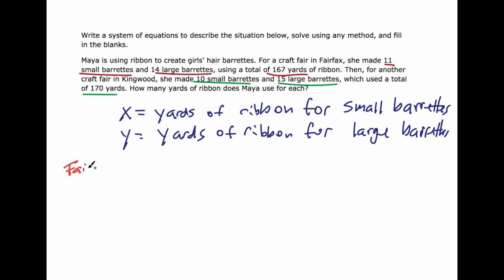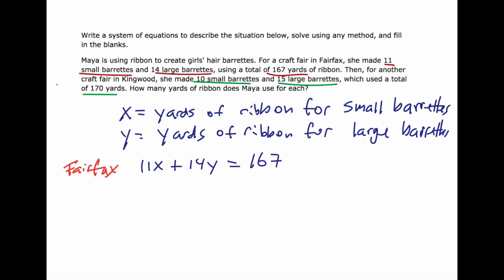We have 11 small barrettes, so 11 times the yards of ribbon used to make the small barrettes, plus this 14 number right here times the yards used to make the large barrettes, gives you the grand total length of ribbon, which is 167.